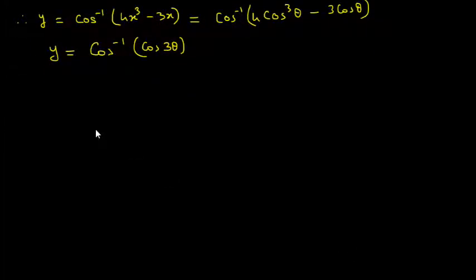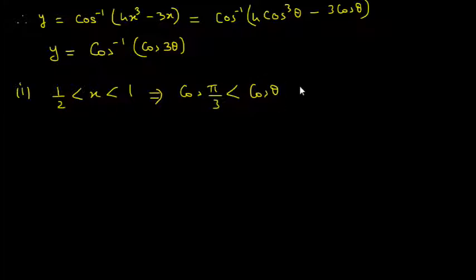Now for the first question, we'll solve when x value is between half and 1, which implies that cos pi by 3 is less than cos theta less than cos 0, which implies that 0 is less than theta less than pi by 3.